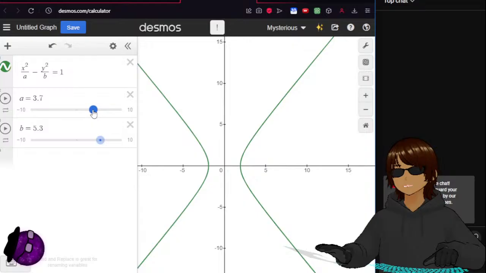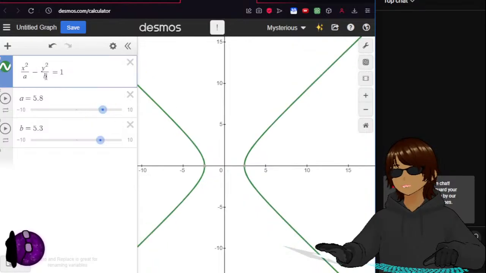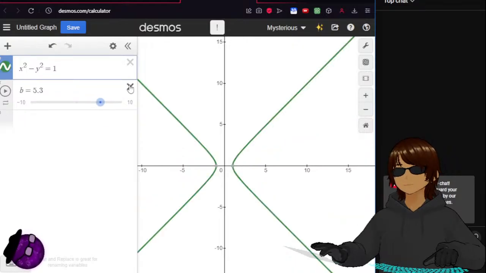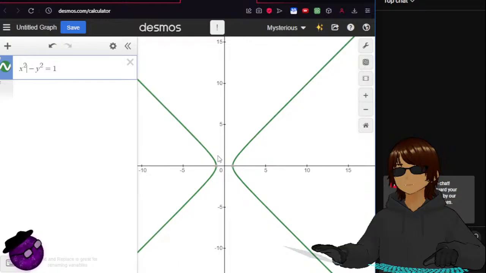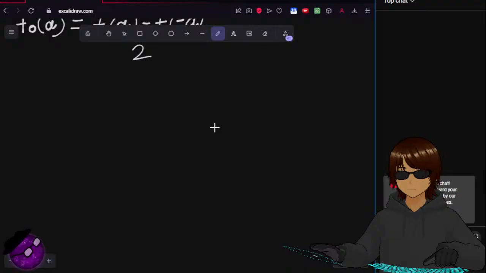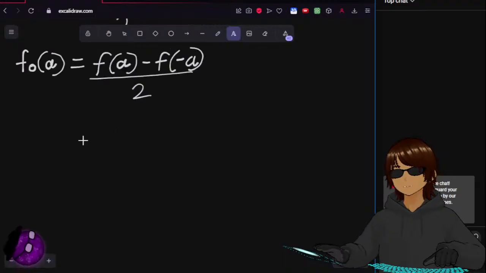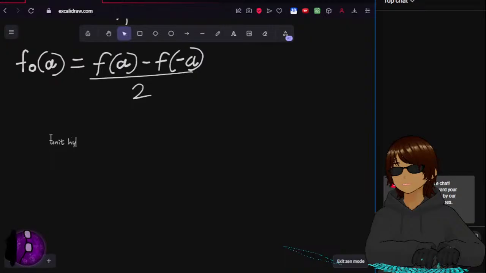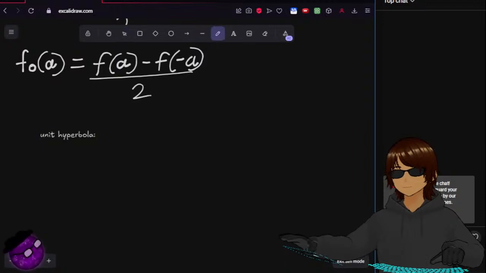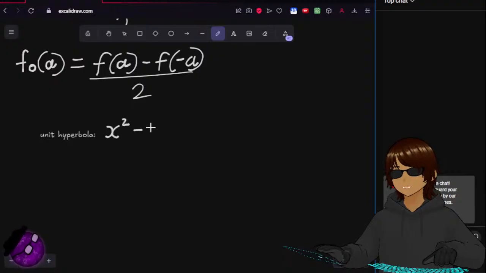If I increase b, then I can change this. And if I remove this, here is a unit hyperbola. A unit hyperbola is x squared minus y squared equals 1.